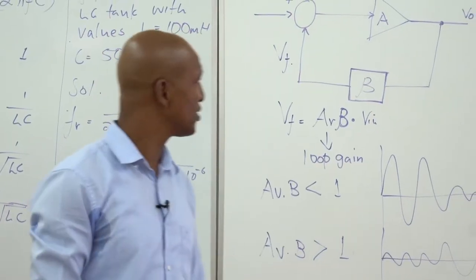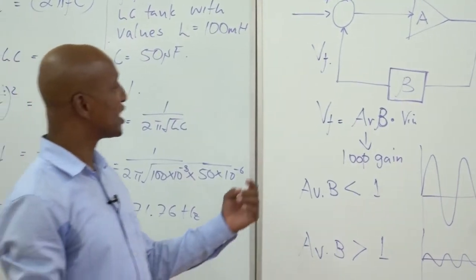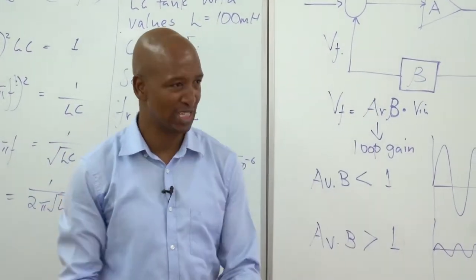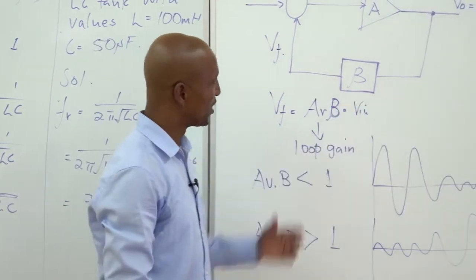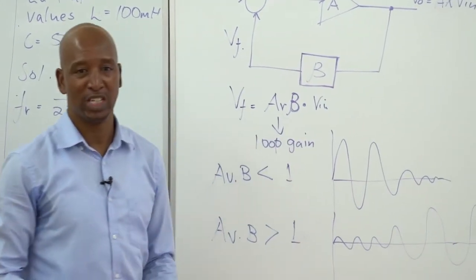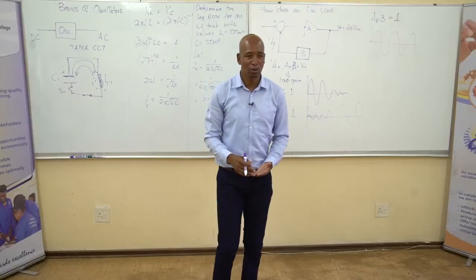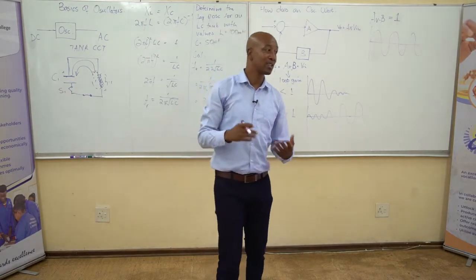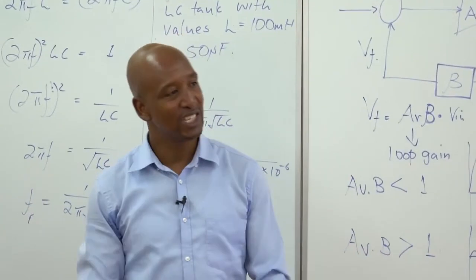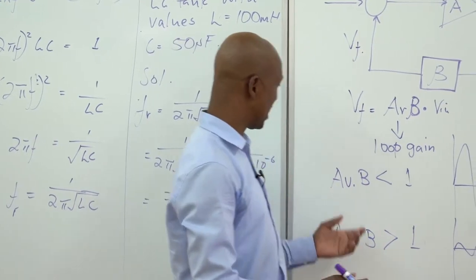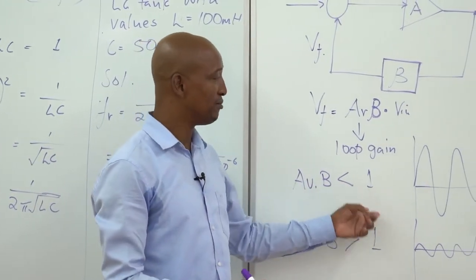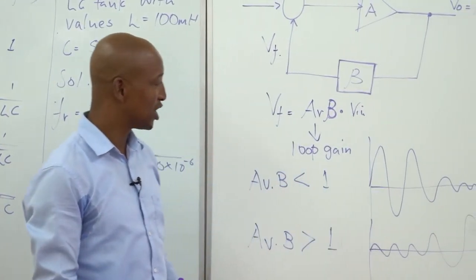You will note that for a circuit to oscillate, we need certain conditions. This condition is a must in oscillation. It is sometimes called the Barkhausen criteria. It says that if our loop gain is less than 1, our oscillation will decay.